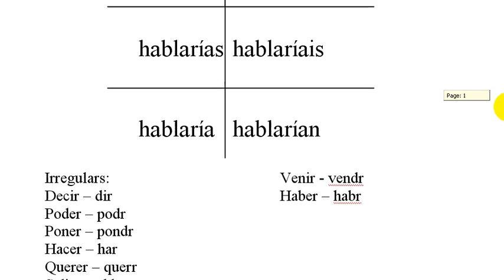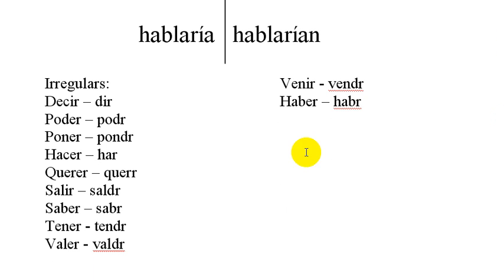There are, of course, some irregulars in the conditional. They're right here for you on the screen. The nice thing about these irregulars is that they're exactly the same as the irregulars in the future tense, which again makes this really easy. So you're just going to want to make sure you memorize these if you haven't learned the future tense yet. So if I wanted to say something like I would say with this here, you would just say diría.